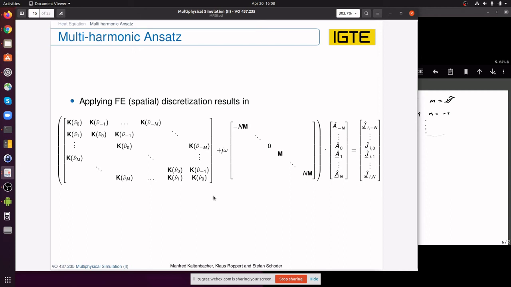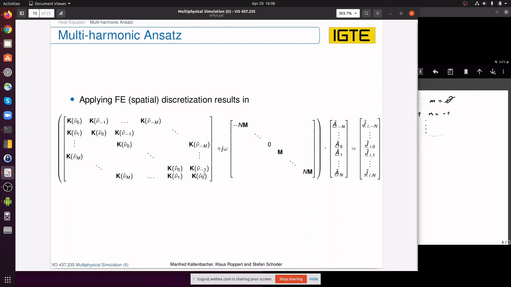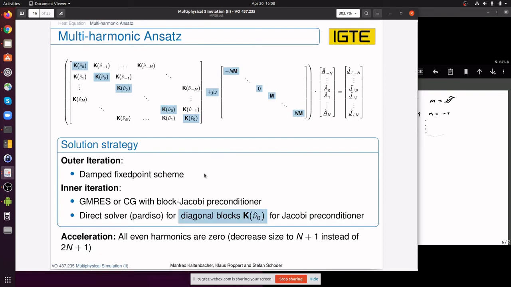And in order to solve this huge system, we need an efficient solution strategy. In our case, we use a nested iteration strategy for the outer and inner iteration. For the outer iteration, we use a damped fixed point scheme, and for the inner iteration, we use a preconditioned GMRES or conjugate gradient solver.